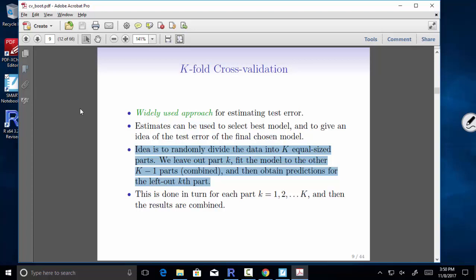Cross-validation is loop 5 times. In the first iteration, the first fifth is your test data, and all the remaining 4/5 is your training data. So use the 4/5 to fit your model, and then assess it on the held out 1/5, and store the accuracy.